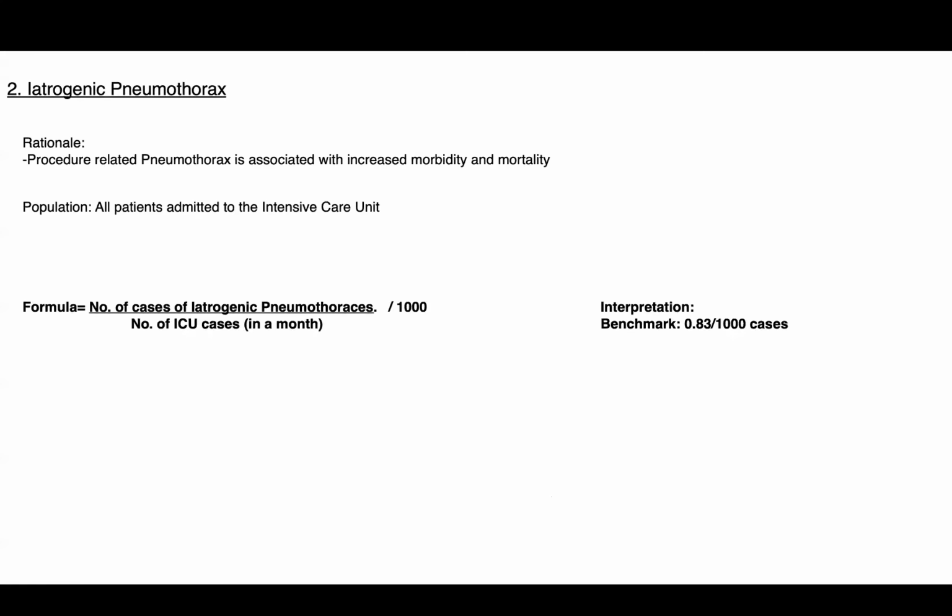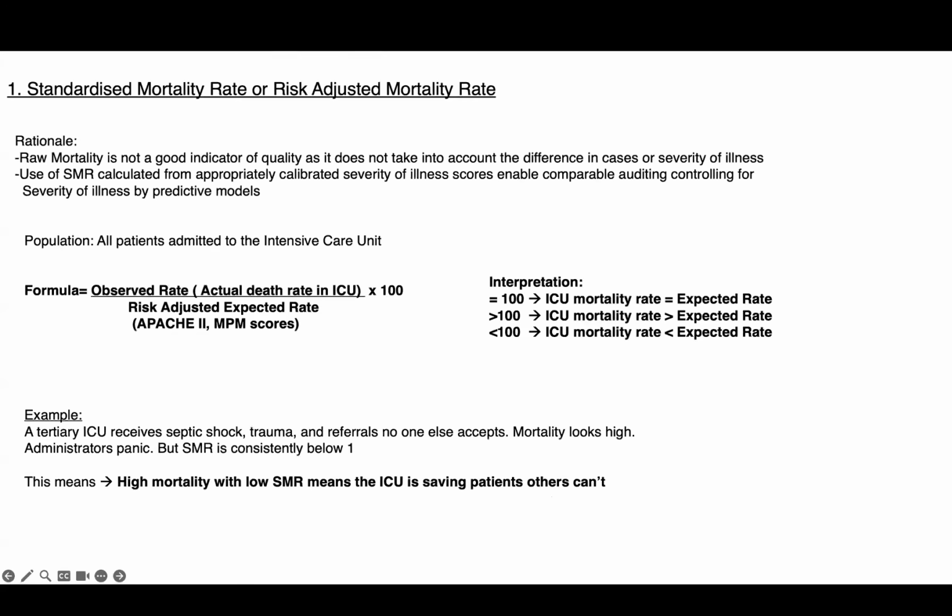Sir, SMR, can you please explain it once more? Sure. In an ICU of 14 patients, how will we calculate? For every patient, we have to calculate the APACHE score and mortality? Yes, for every patient you need to calculate the APACHE II score. When you calculate the APACHE II score, you will get a number. That number will have a predicted mortality.